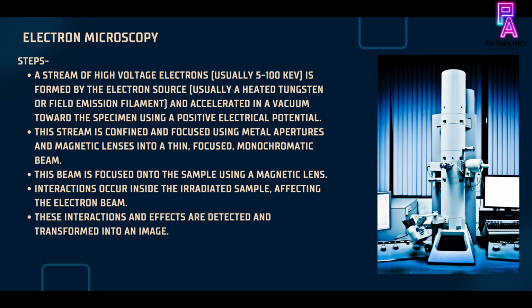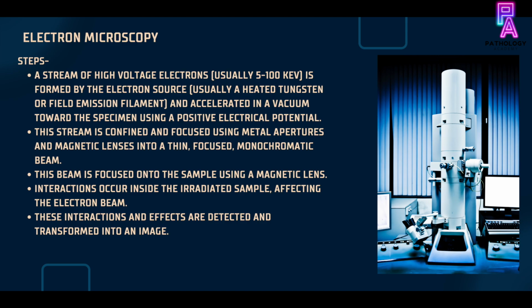The steps of electron microscopy. In electron microscopy, a stream of high voltage electrons is formed by the electron source, which is usually a heated tungsten or field emission filament, and is accelerated in a vacuum towards the specimen using a positive electrical potential.